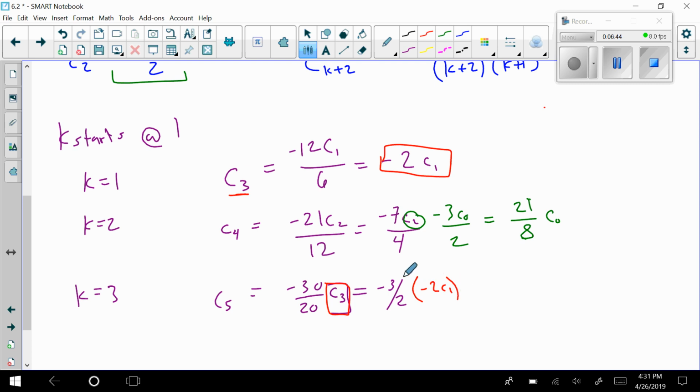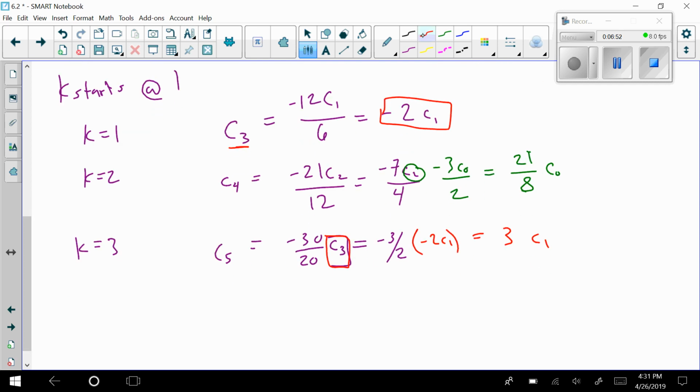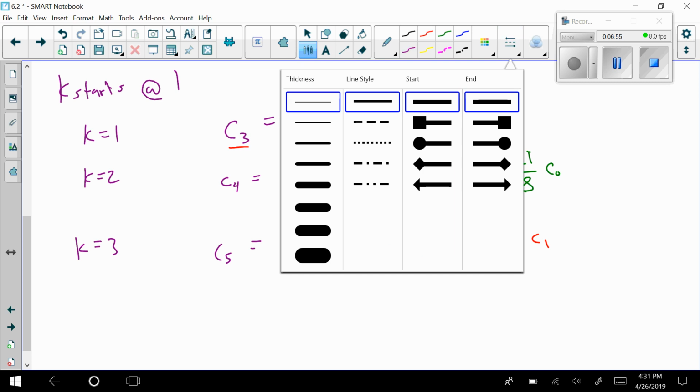These 2's would cancel, the negatives would cancel, and I would just get 3 c1. Now I have c1s, c naughts, c1s. I'm sure you can kind of see what's about to happen here.